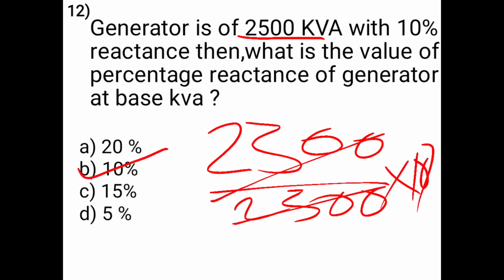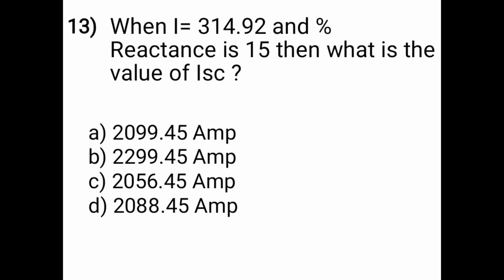Then the next question: when current is equal to 314.92 and percentage reactance is 15, what is the value of short circuit current? What is the formula of short circuit current? Short circuit current is equal to current multiplied by, in bracket, 100 divided by percentage reactance.